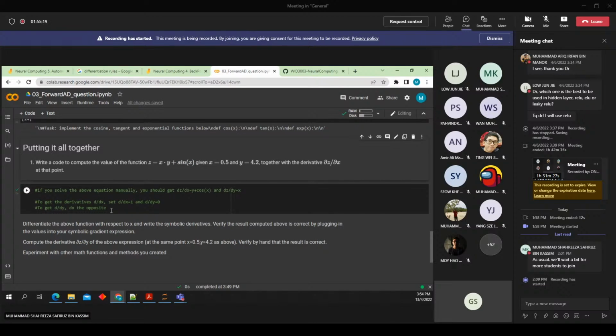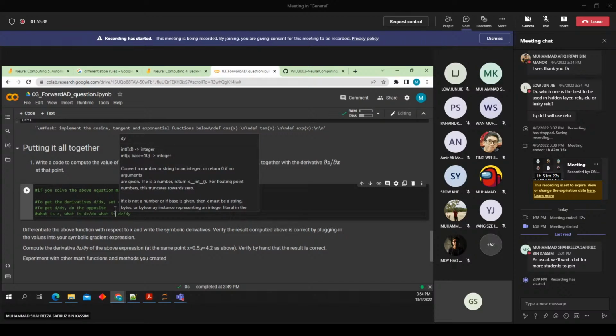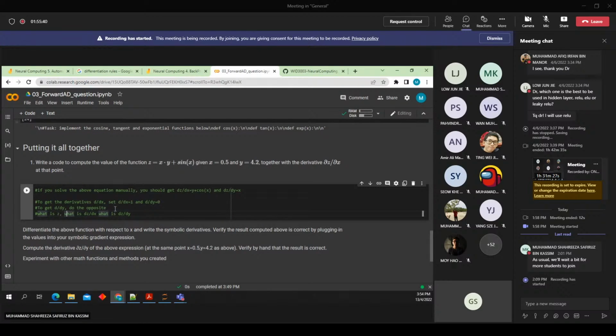And you want the answer for what is z, what is dz over dx, and what is dz over dy. What you want to calculate, you can do this by hand. You can differentiate this and do this by hand.